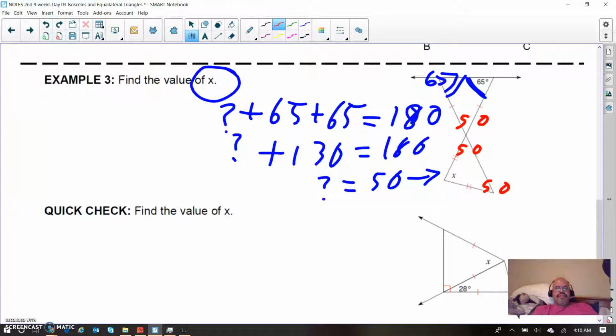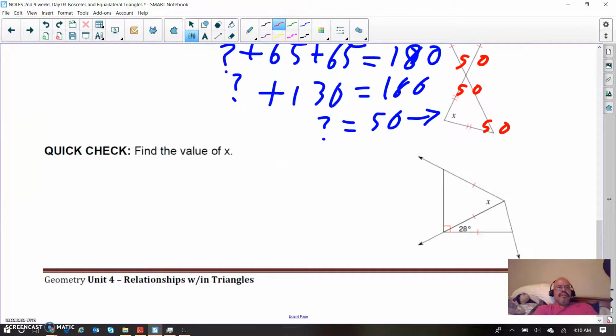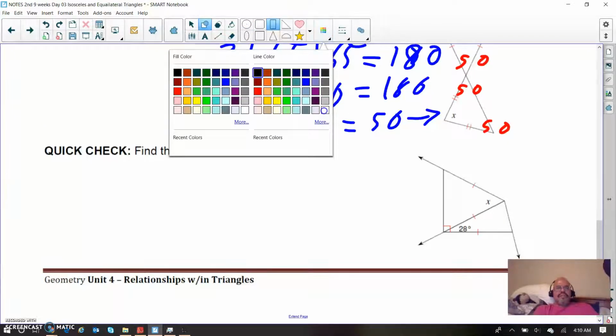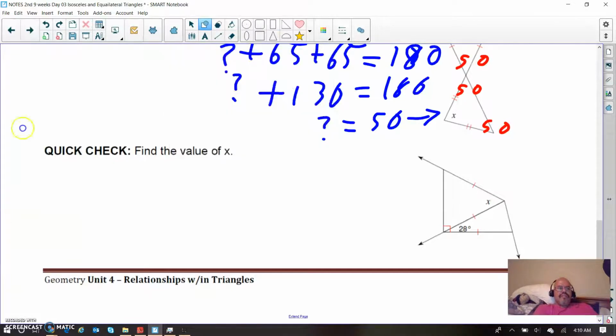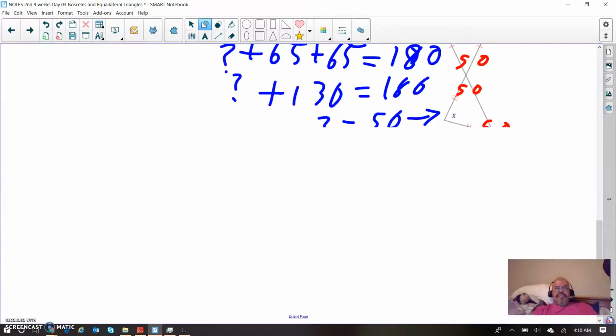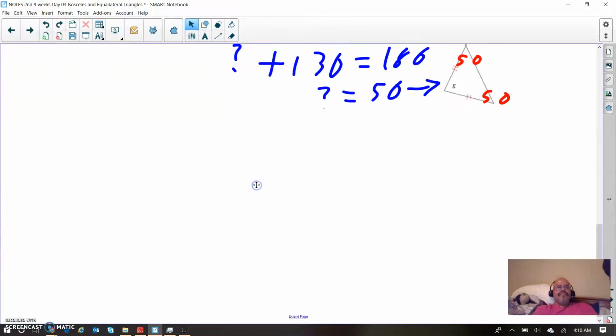So if I were to do this, let me go ahead and clear up some space here. Sometimes you have to do a little bit to work this out. There we go. That looks a lot better. Okay.